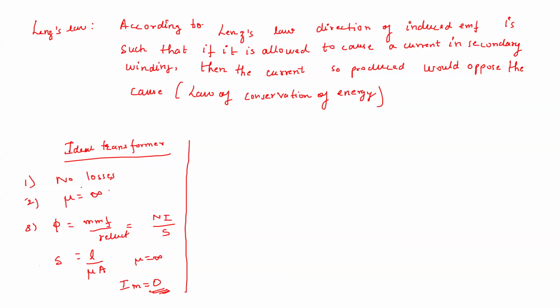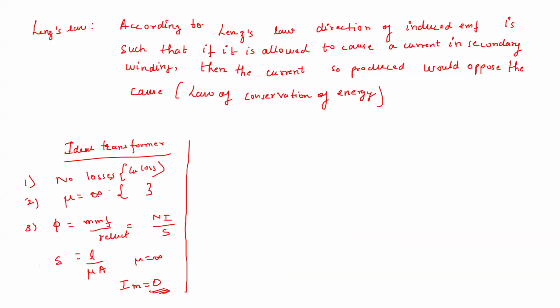So if someone asks a theory question, what are the assumptions of the ideal transformer? The first assumption is there are no losses: there is no copper loss, which means I square R loss, and there is no core loss. Core loss means iron loss, the hysteresis loss, eddy current loss, all that. And the magnetic permeability is infinite, which means you do not even require to give any current.